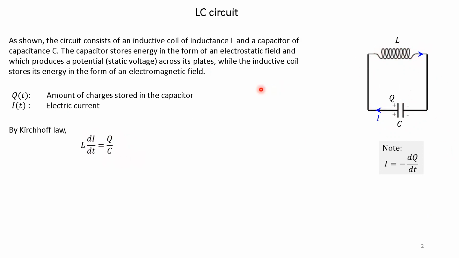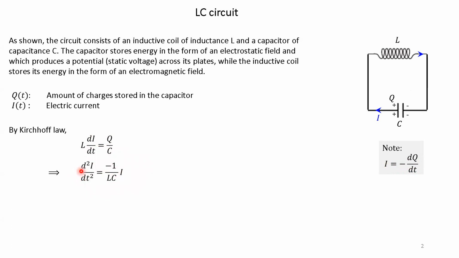Now, if I take the derivative one more time on both sides, this becomes the second derivative, and on the right-hand side I have dq/dt, and remember that this dq/dt is minus I. So then I have this one.